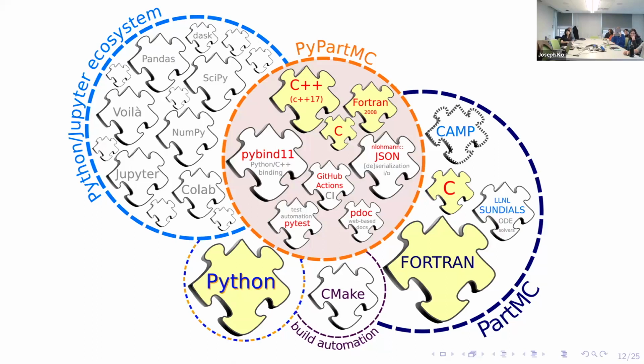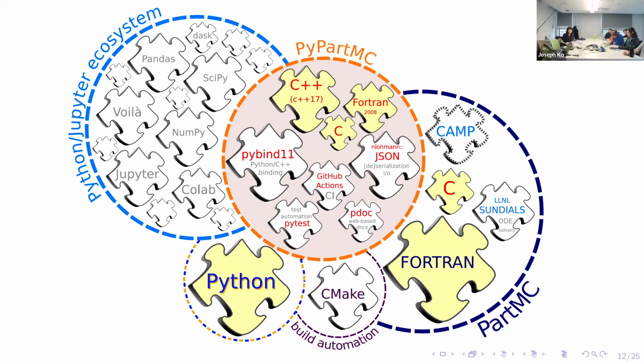pybind11 is a way to automate creation of Python packages from a C++ code base. So we realized that the way to implement PyPartMC could be to develop C++ bindings to PartMC that would map the object-oriented structure of the package, and then let pybind11 automatically expose these C++ things to Python.